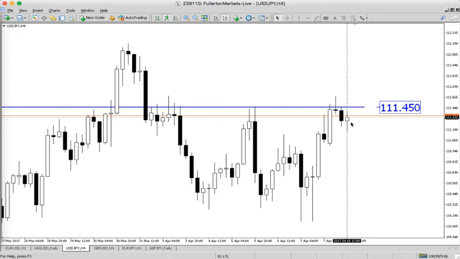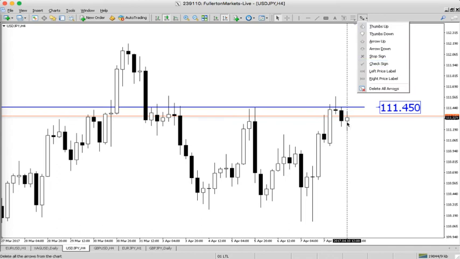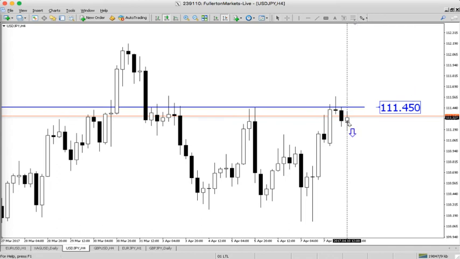Of course, the aggressive entry would be at this moment, because after all there's a pin bar that failed to cross above, and the next candle is actually a bear candle. So the current candle could possibly be our entry to go short, which is at the opening of the candle. That would be my price to go short.